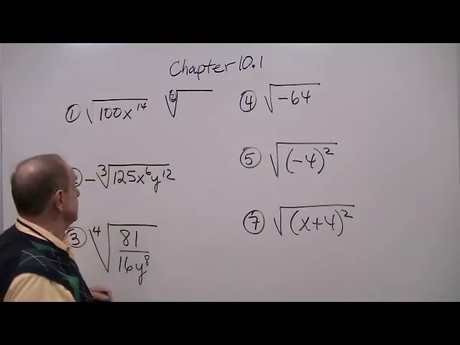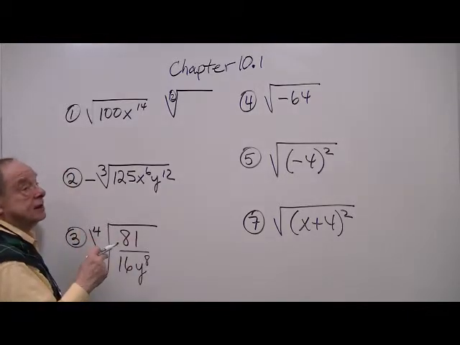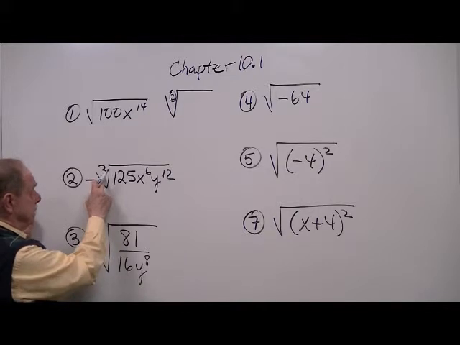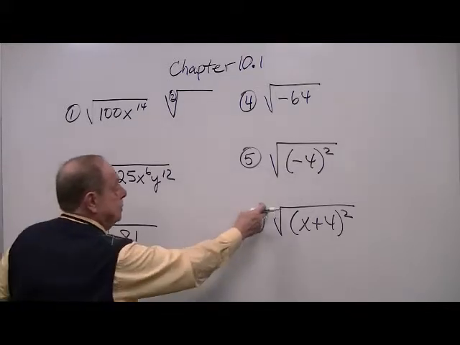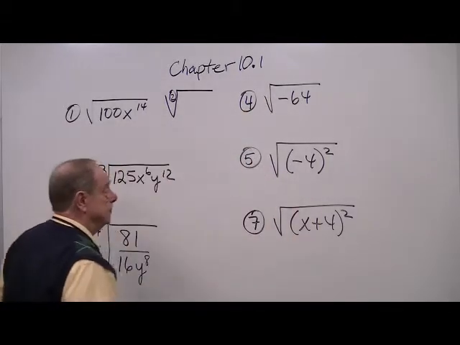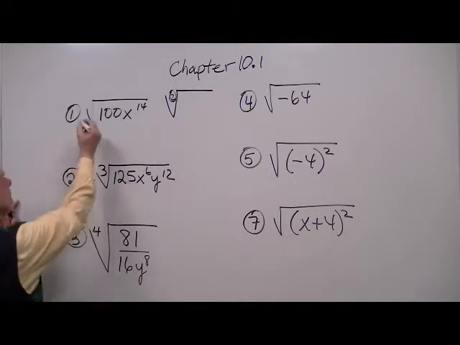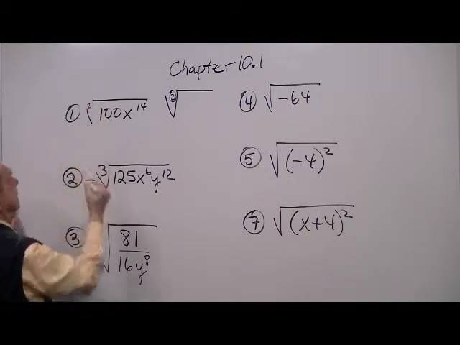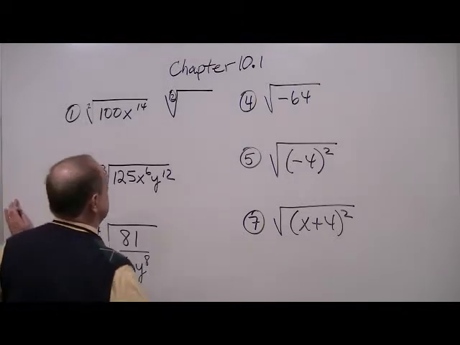That's assumed. If not, you have to actually put the index number you want. Here it's a 3, here it's a 4. And again, with no index number, there is a 2 there. And that's kind of critical as we go through some of these things. So remember, there is a number 2 there as an index number. Again, by convention, we don't write it.